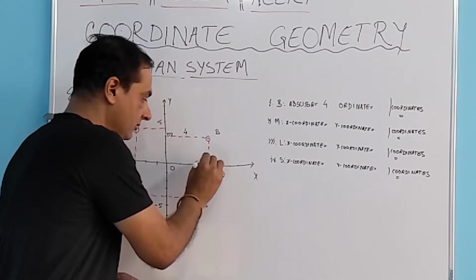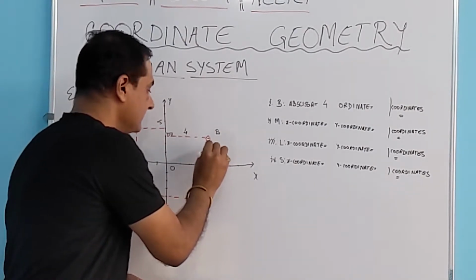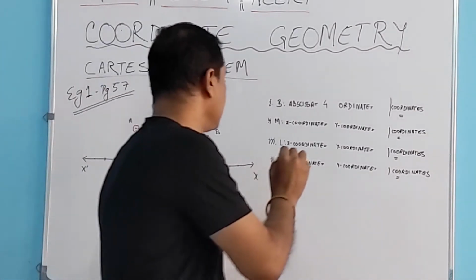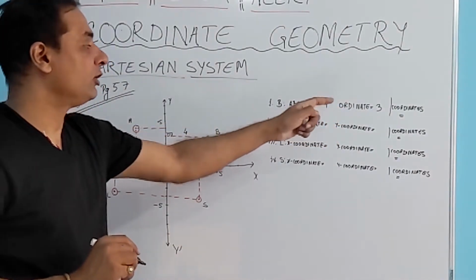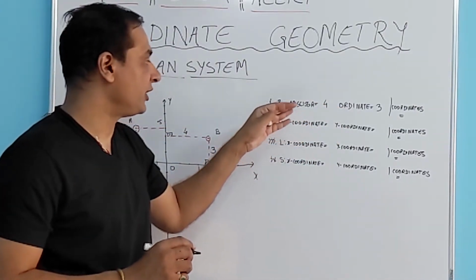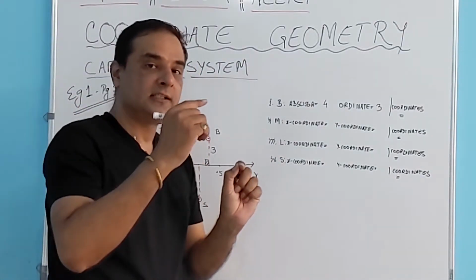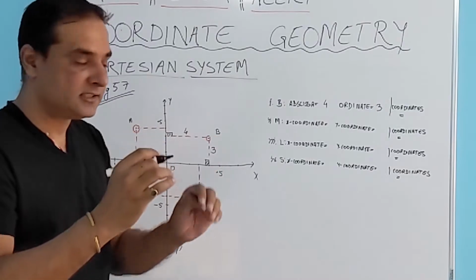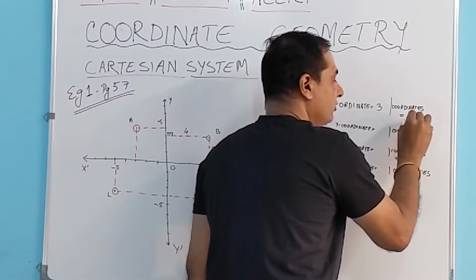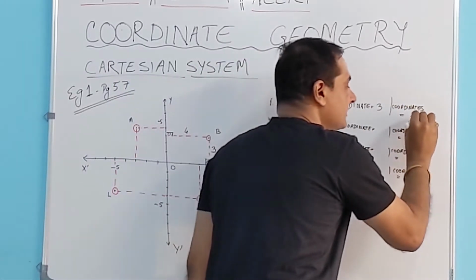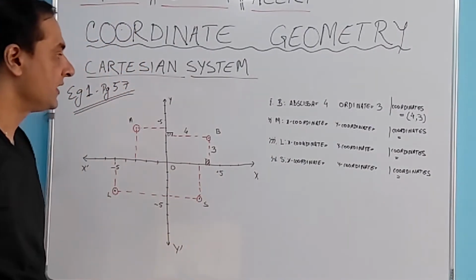This one is perpendicular and its value is 3. So we write that as 3. Now we also need to understand the coordinates for point B, and the way we write coordinates is abscissa, comma, ordinate, in a bracket. So abscissa is 4 and ordinate is 3, and we write that in a bracket. These are the coordinates for point B.